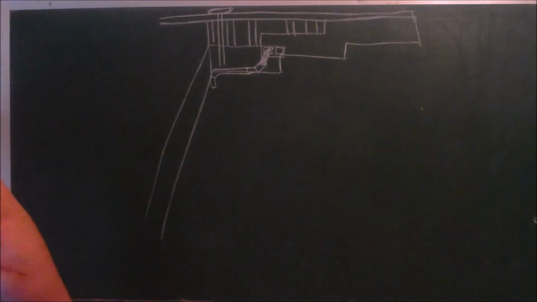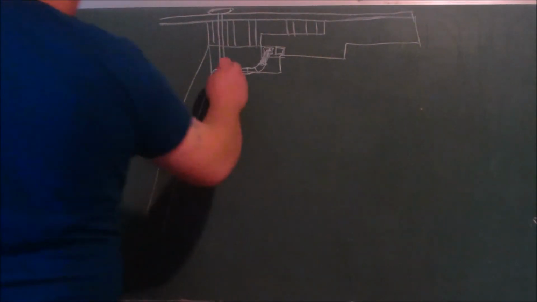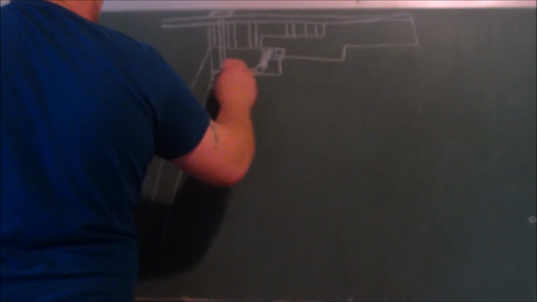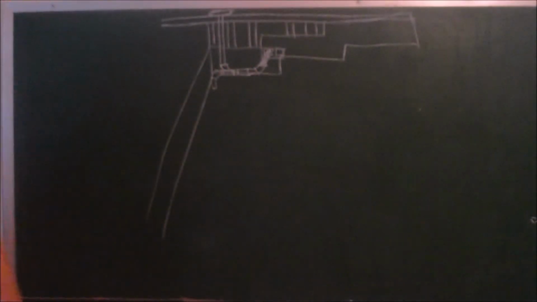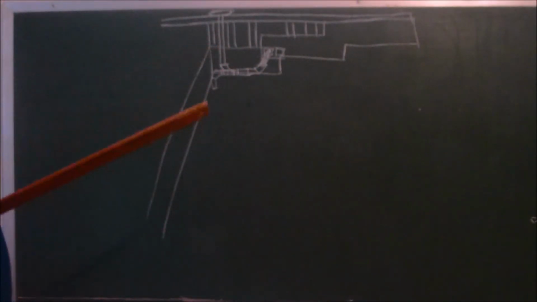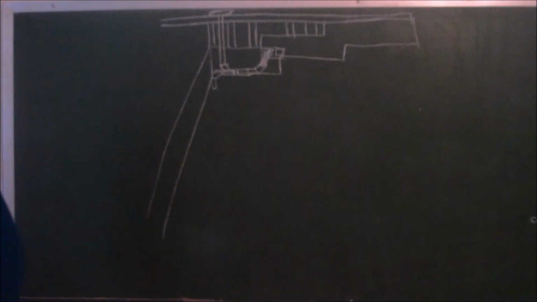I'll probably use 4-inch, but drop that down into a T like that. And then the same thing with all the other drain lines. Just let them drop vertically, you know, 2.5 or 3 feet.